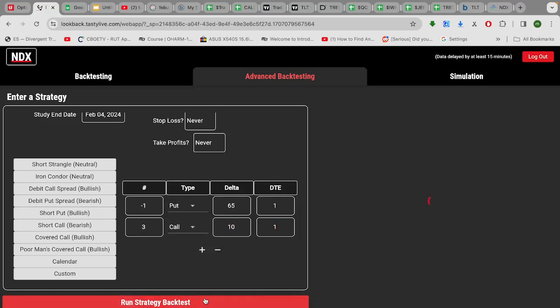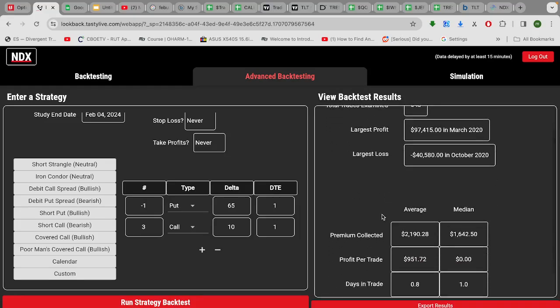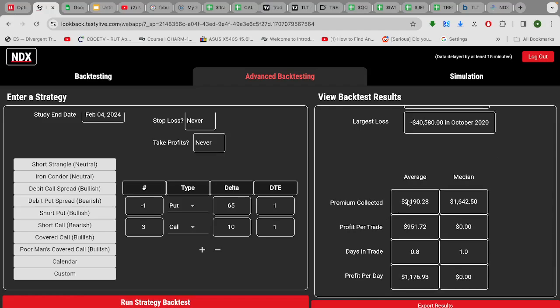So here's with just the call. 66% win rate, yield half as much, profit 3 times as much. Median still 0 on this one.